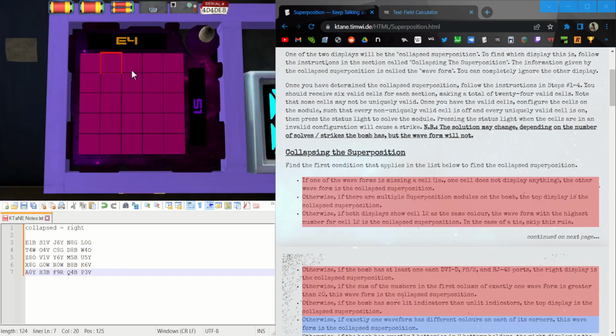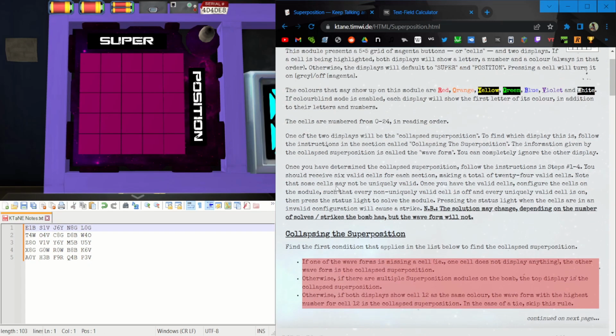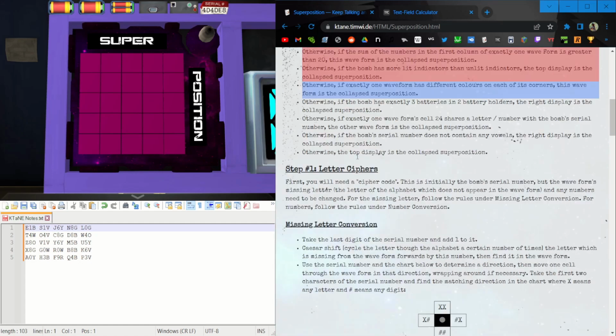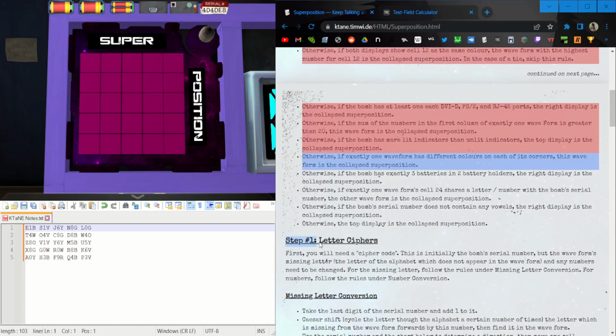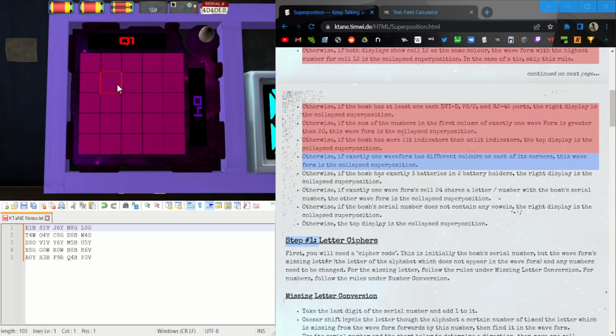I'm still going to go back to the module to highlight it, just to make stuff a little bit easier than just looking at notes. I'll get rid of this as well since we don't need it. So the way that this module works is there's 4 different rule subsets, or steps in this case. Each of those steps will give us 6 of these cells that are valid according to their rules.